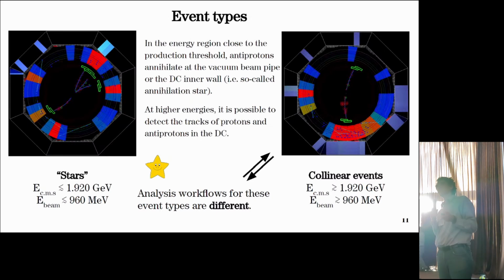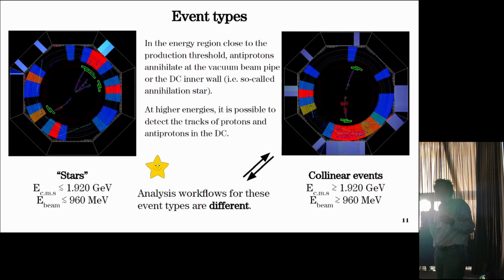Below this energy, 1.92 GeV, antiprotons are too soft to pierce through the vacuum pipe and to enter the drift chamber main volume. So the antiprotons stop in the vacuum pipe and annihilate, and we don't see the antiprotons themselves. We see only secondary particles.